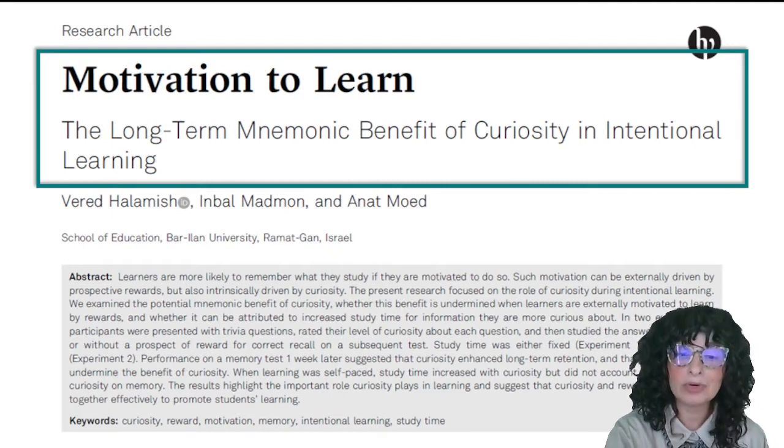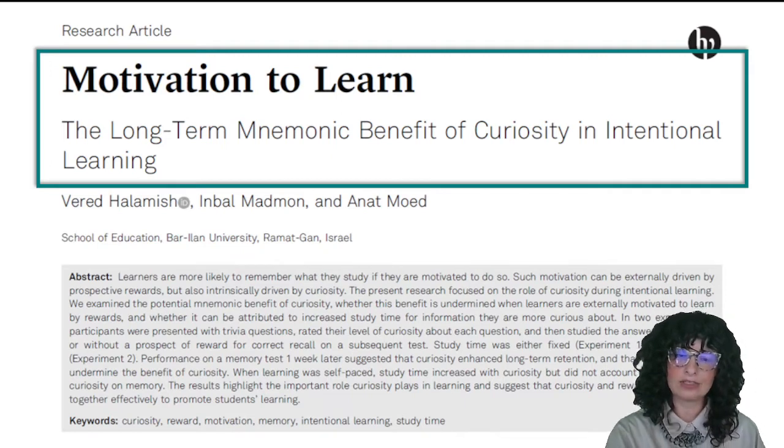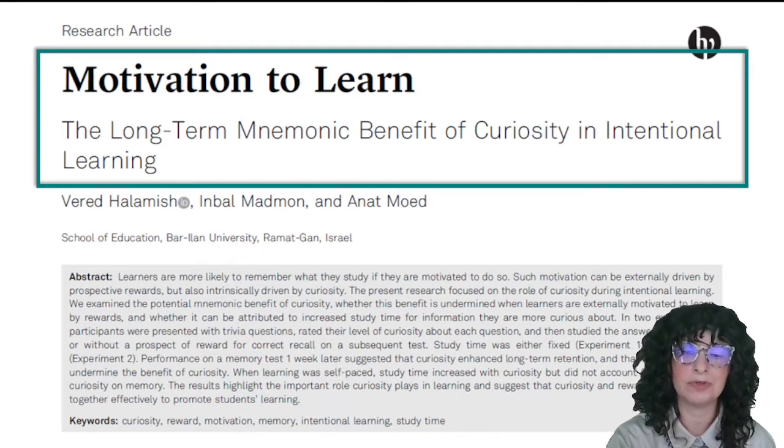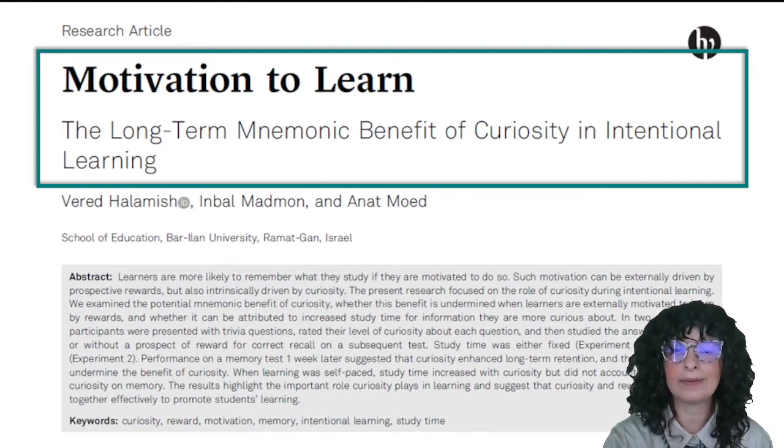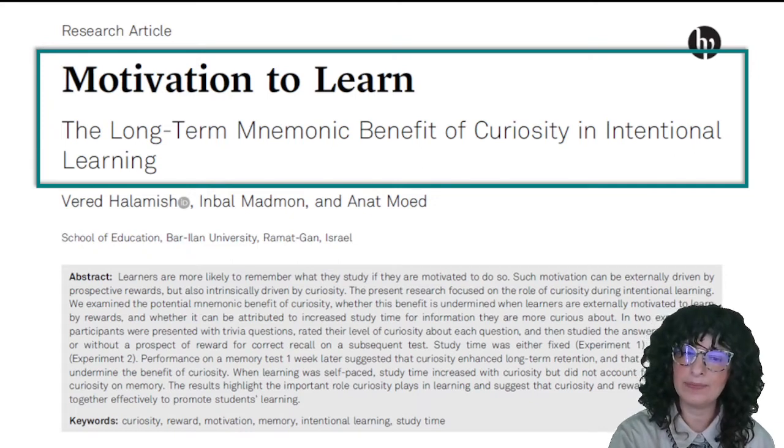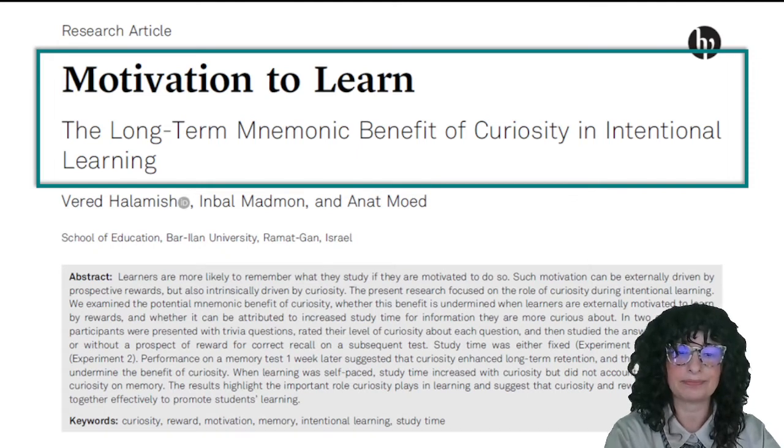What does that mean? The long-term memory benefits of curiosity and intentional learning. What is intentional learning? Trying to learn something on purpose as opposed to accidentally. So for example, using curiosity as a form of studying. So I think that's what we're probably talking about here. That makes sense to me based on this title.